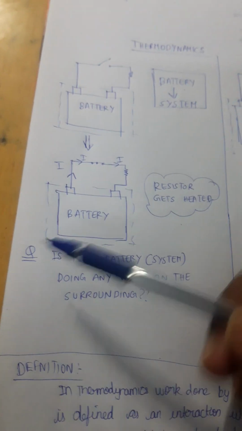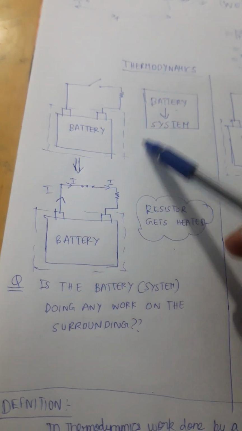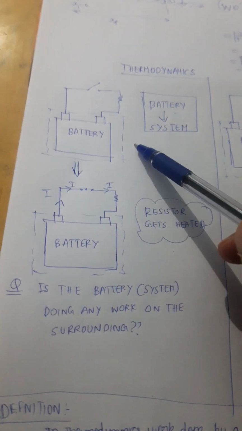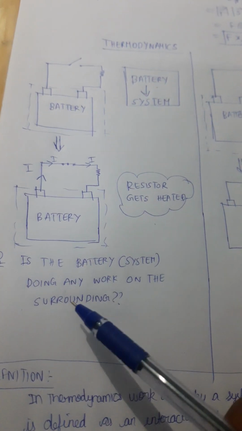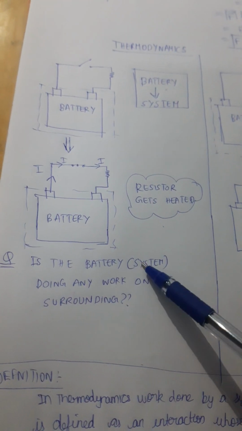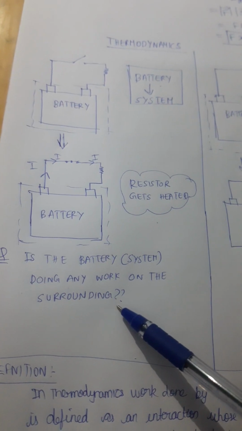I will ask a simple question here. We have considered the battery as my system and everything external to it as my surroundings. So is the battery, or the system, doing any external work on the surroundings?